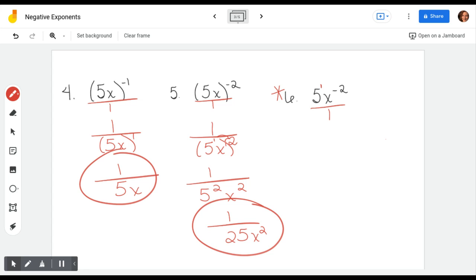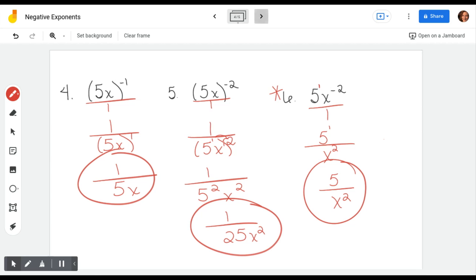His exponent is fine. So the 5 is not going to move. The only part that needs to move is the x. We're going to put him on the bottom and make his exponent positive. So this is really 5 over x squared. You only move the portion or portions of the term with negative exponents. If the exponent's positive, it stays exactly where it is.